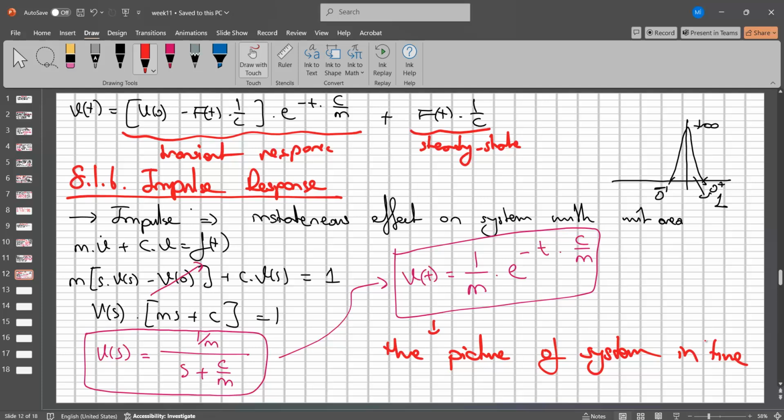So if this is a system, it has individual parts, okay? And these individual parts are seen in time just like this function. So if you apply an impulse to me, you will get the picture of the time response of myself. Right?